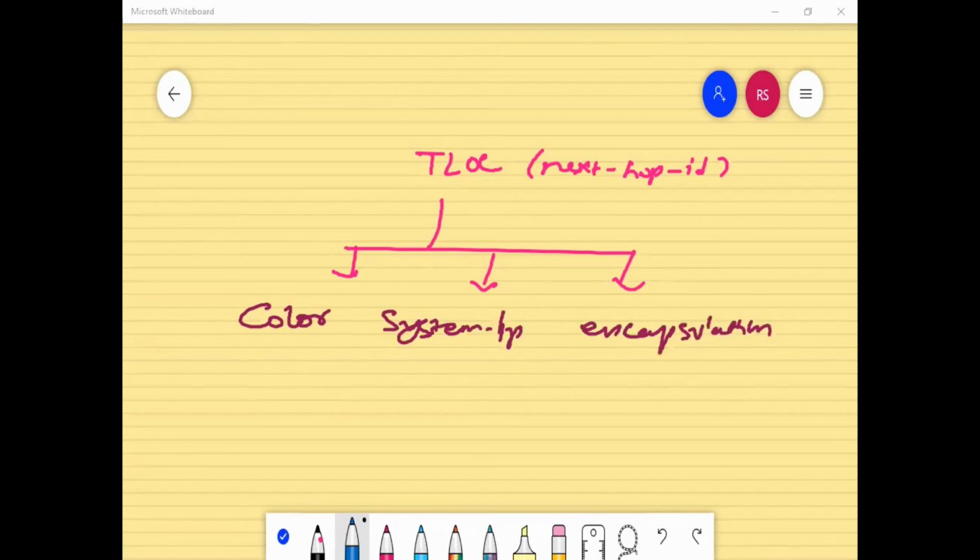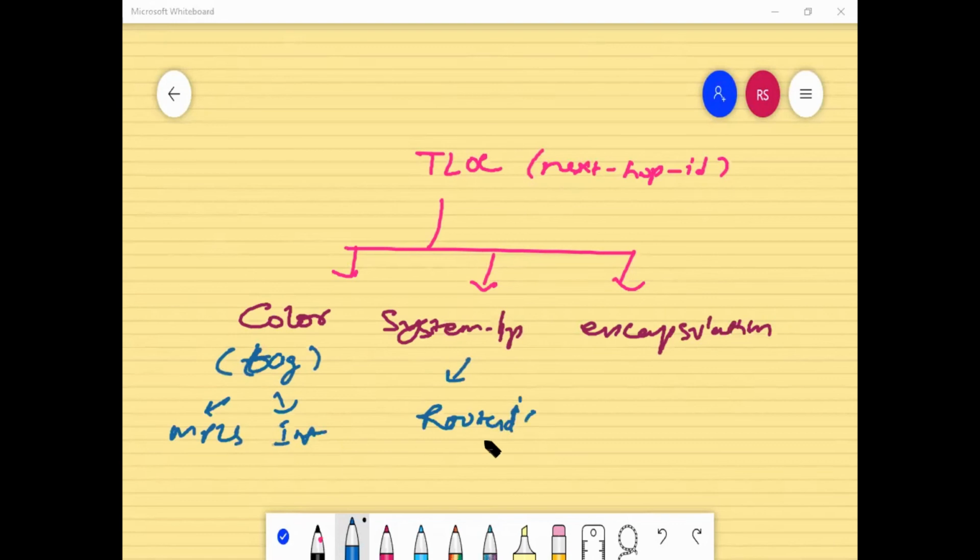The color you can treat as a bit like your tag. It is like MPLS, or maybe gold, or internet, or whatever. System IP is a bit like your router ID. It is local to the device and non-routable, but when you watch show OMP peer, it will give you the system IP information only. Encapsulation, again by default, is IPsec. So that is your TLOC stuff.